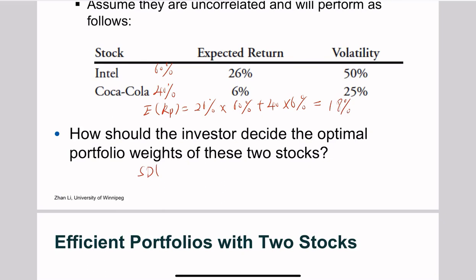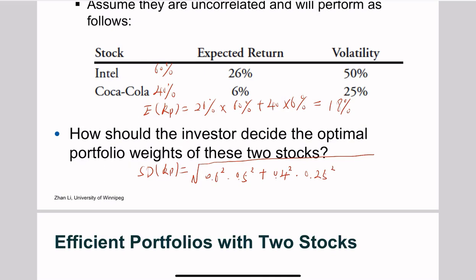Now, standard deviation. Standard deviation is basically the square root of variance. And variance equals weight squared times Intel stock's standard deviation squared plus weight of Coca-Cola squared times Coca-Cola's volatility squared.